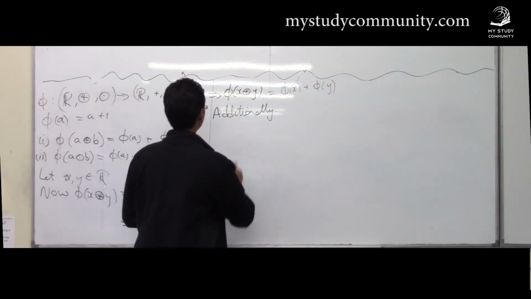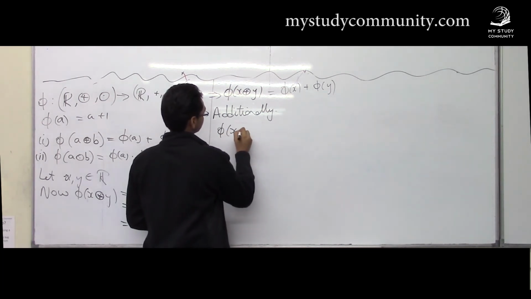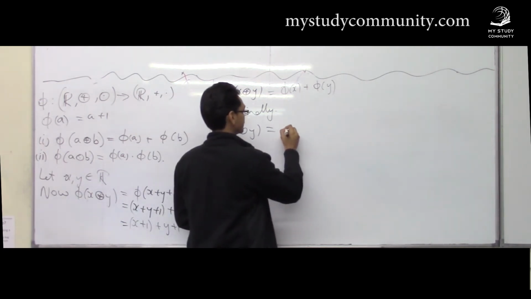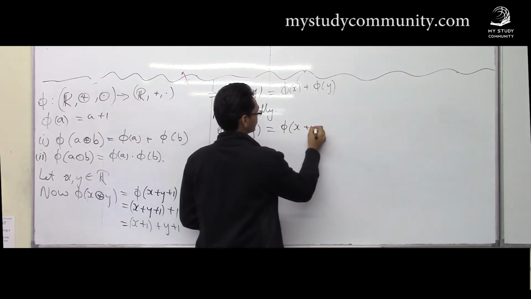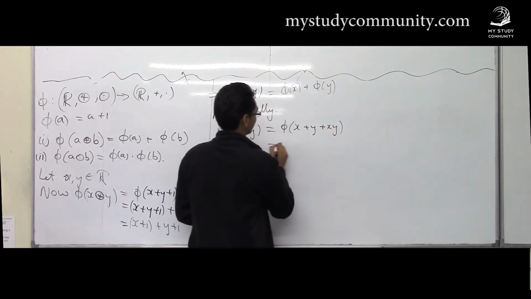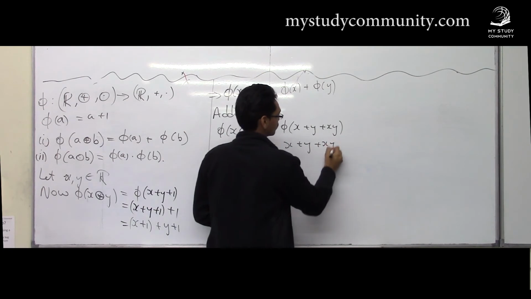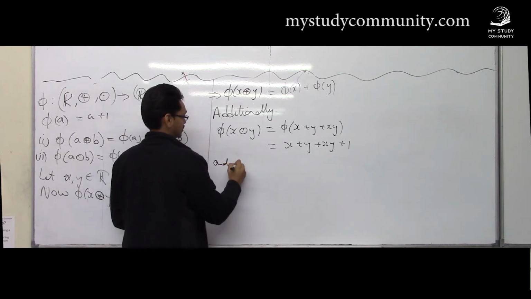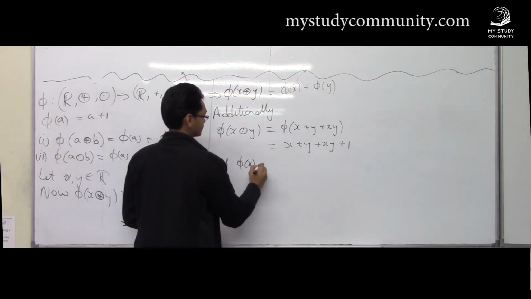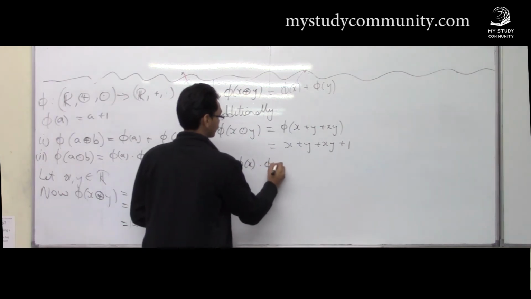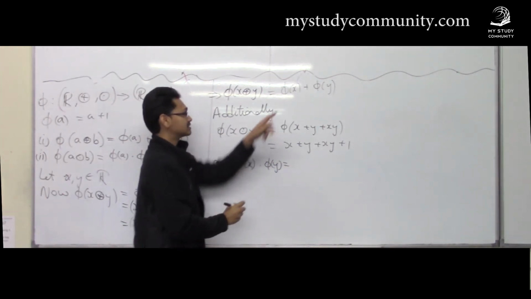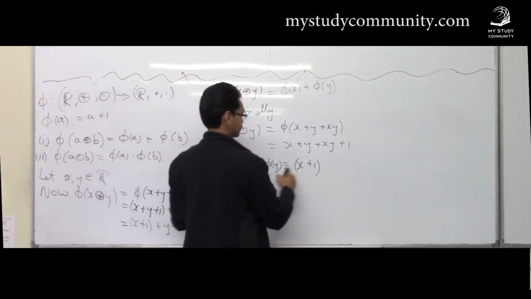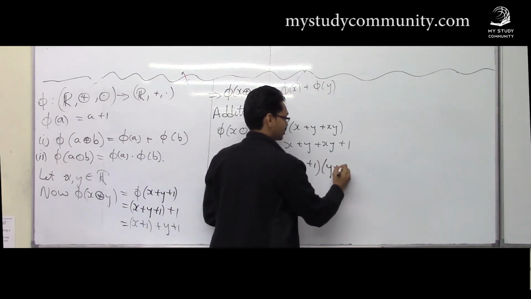Right, so we have additionally phi of x dot y equals, and this gives phi of x plus y plus xy, which is x plus y plus xy plus 1, because that's how we define phi. And so phi of x dot phi of y: phi of x is x plus 1, and phi of y is y plus 1.